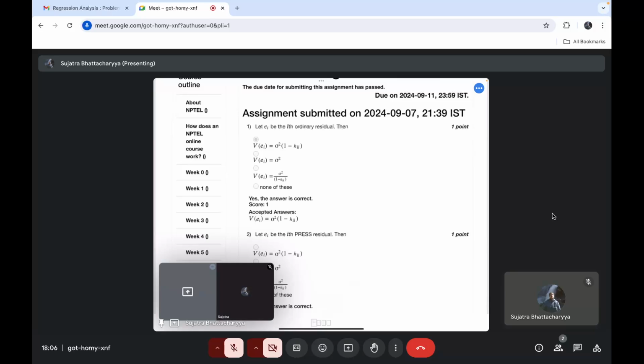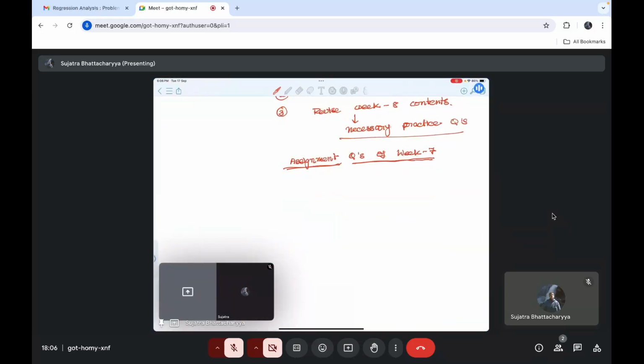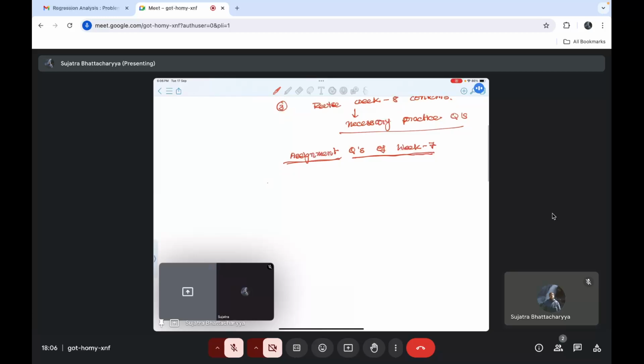So let's do this: variance of EI. It is given in question number 1 that EI is the ordinary residual, and particularly the ith ordinary residual.